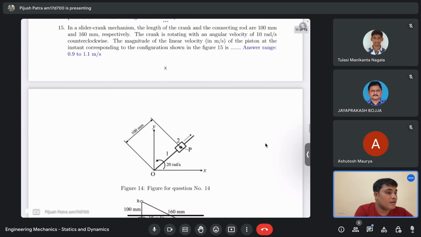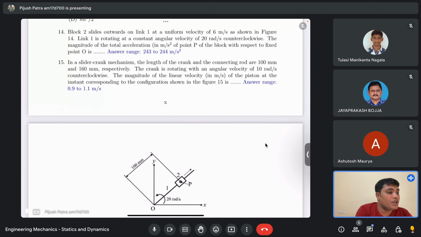Link 1 is rotating, so that means you have a rod and you have a slider at some point. The entire rod is rotating about this point, and also the slider is sliding out. The block is attached to rod 1, and this point P is moving outward.